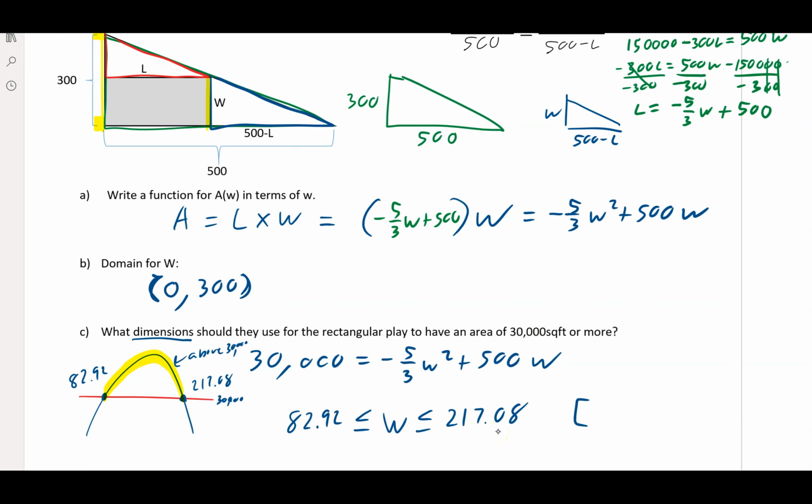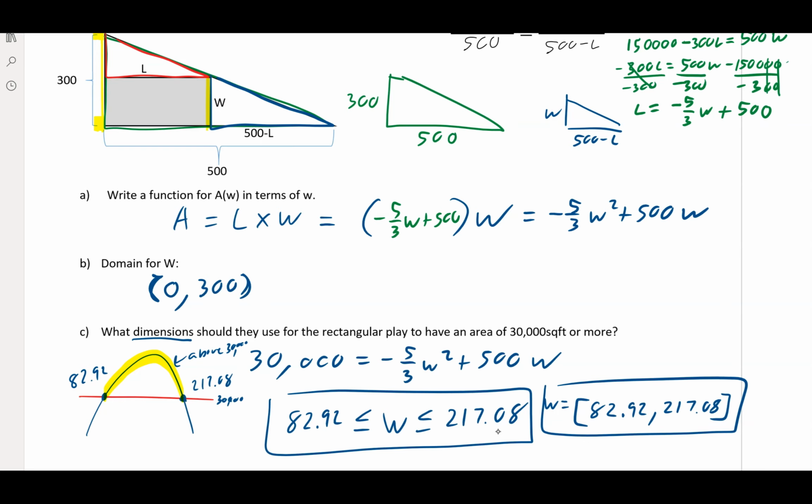So our width will be between 82.92 comma 217.08. So you can list it in interval notation, or you can list it this way. But if you were to plug that in, it would give us our length. Okay, there you go.